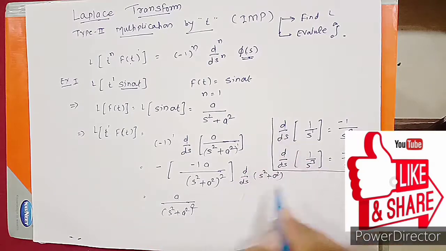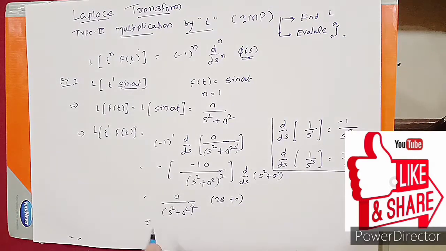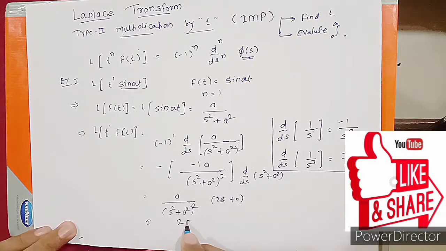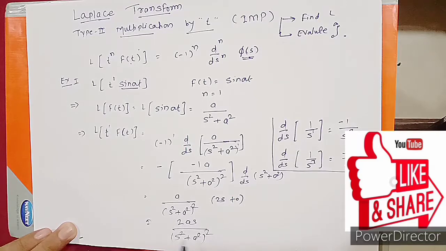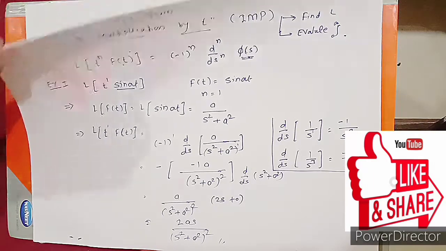What is the derivative of this term? Derivative of s square is 2s and derivative of a square is 0. So it is not necessary to write 0, right? So 2as divided by s square plus a square bracket square. This is our final answer. So this is the basic example of multiplication by t. Now we move on to the next example.